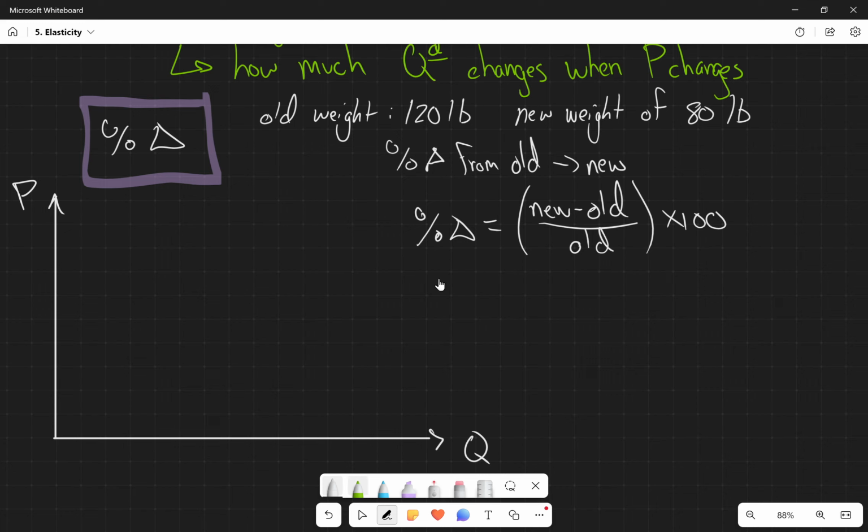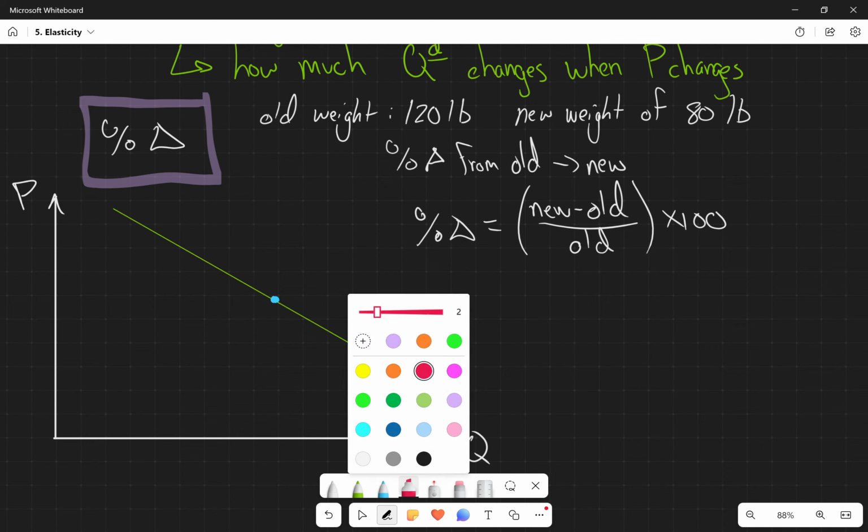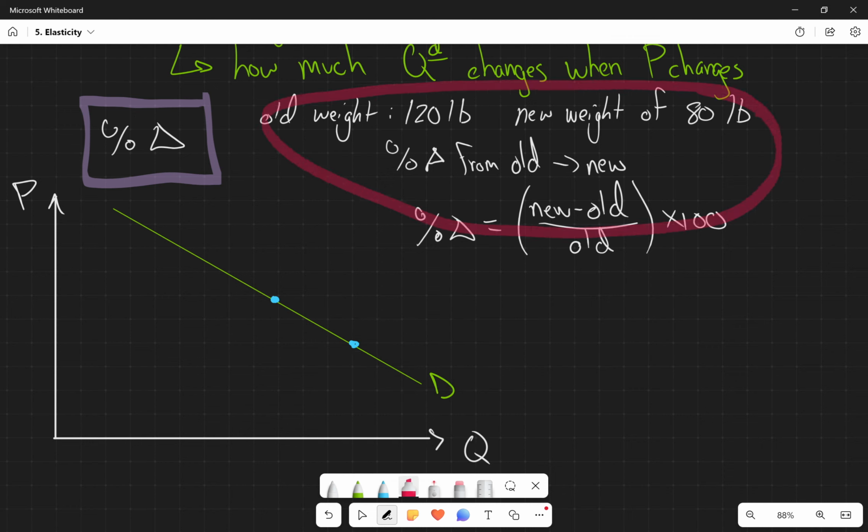When we're talking about demand and we're asked about the elasticity between these two points, we don't know if we're saying the elasticity from this point to this point or from this point to this point. As a result of that ambiguity, we do a bidirectional percentage change as follows. We're not going to do this new minus old over old system ever in this class.